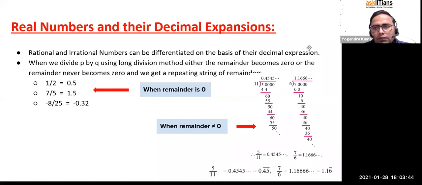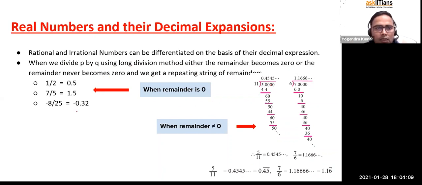What is the basic difference? When we divide p by q using the long division method, either the remainder becomes 0 or the remainder never becomes 0. We can get a repeating string of remainders, right?